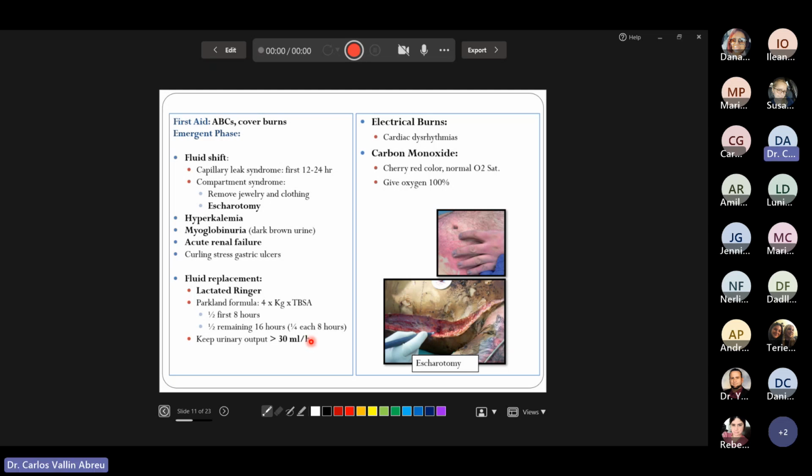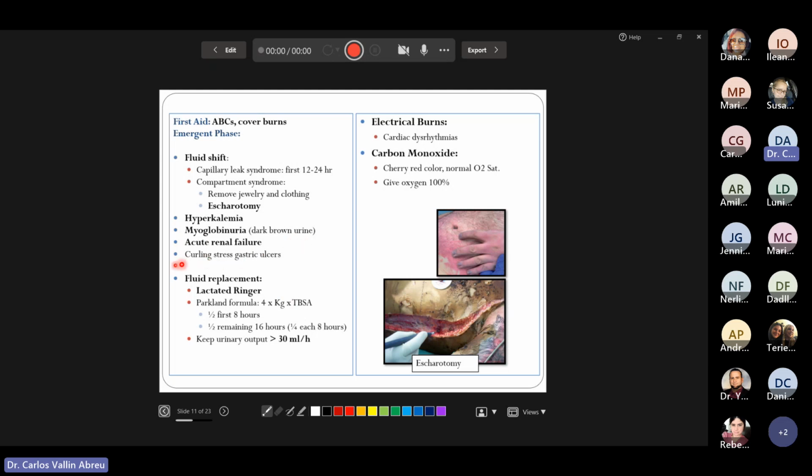Clients that have burns are at high risk of acute renal failure for hypovolemia, for myoglobinuria, hypotension, even for medications. So we need to be very careful of keeping the client well hydrated with the adequate amount of liquid to prevent this acute renal failure.